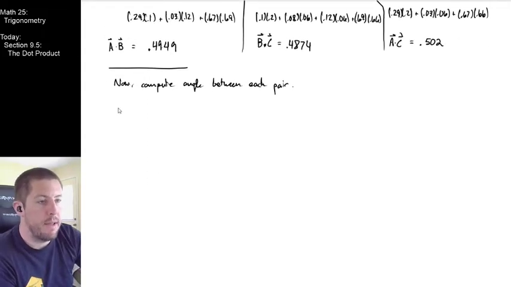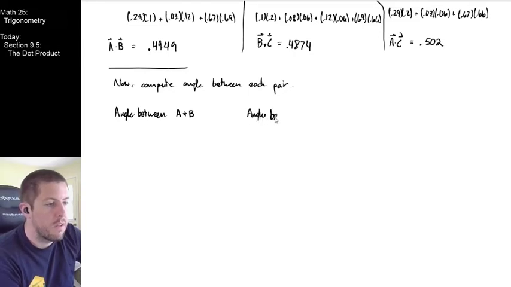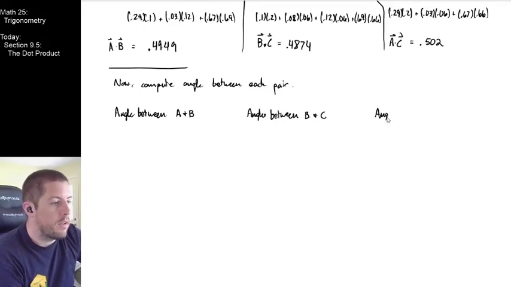So the angle between A and B, between B and C, and the angle between A and C.